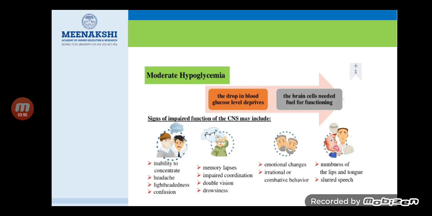So here the person will also manifest with signs and symptoms of the central nervous system, where the person will have inability to concentrate, headache, lightheadedness, confusion, memory lapses, impaired coordination, double vision, drowsiness, emotional changes, irrational or combative behavior, numbness of the lips and tongue, and slurred speech.